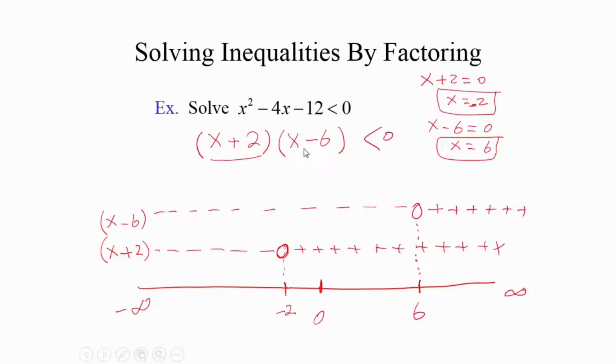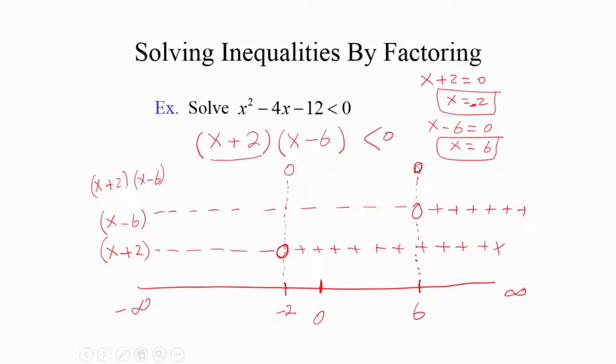Now their product, x plus 2 times x minus 6. Where one of them is 0, such as x plus 2 being 0, then 0 times anything gives this product also 0. And the same thing here. When x is equal to 6, it makes this 0, and 0 times anything is also 0.